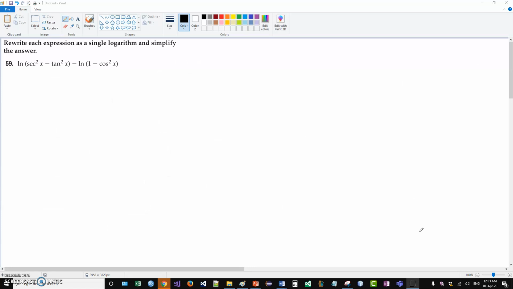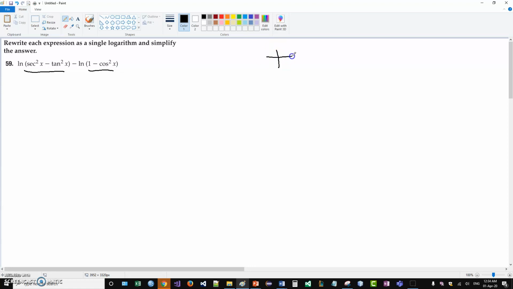Alright, our last example for today. Rewrite each expression as a single logarithm and simplify the answer. So ln secant square x minus tangent square x minus ln 1 minus cosine square x. We can simplify before we deal with the logarithmic functions.